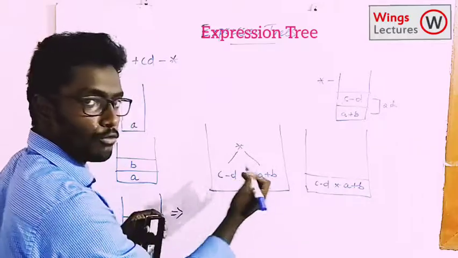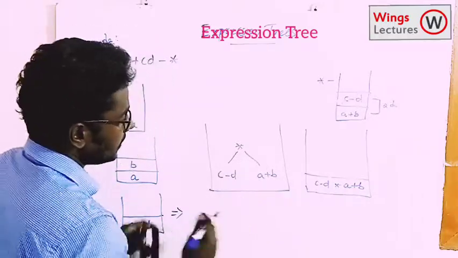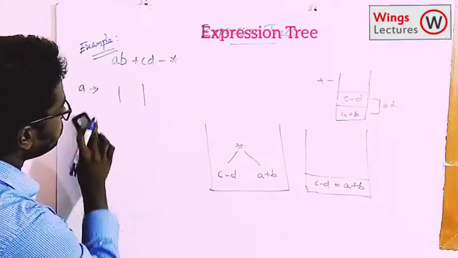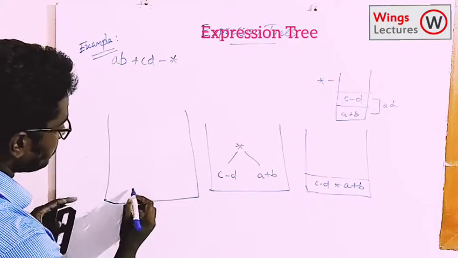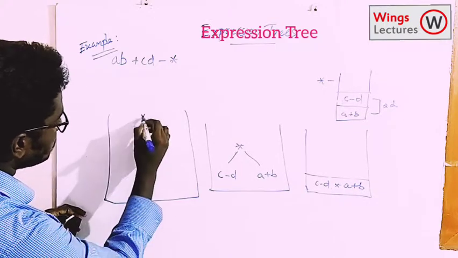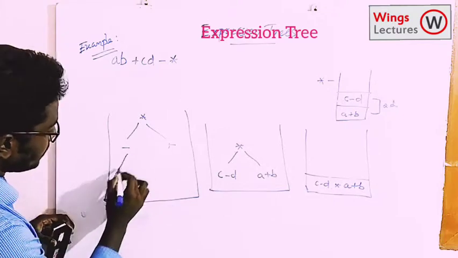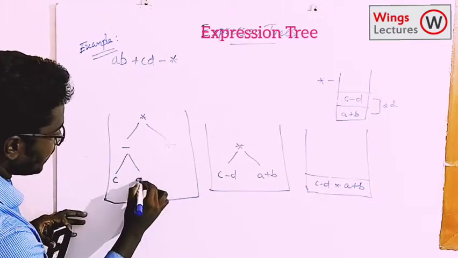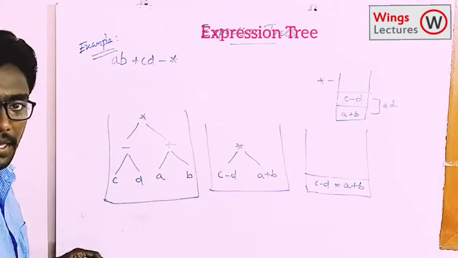Okay, it's not values, however. Then what is the meaning of this? The meaning of this expression is star, minus, plus. In that we are having C and D, and here we are having A and B.